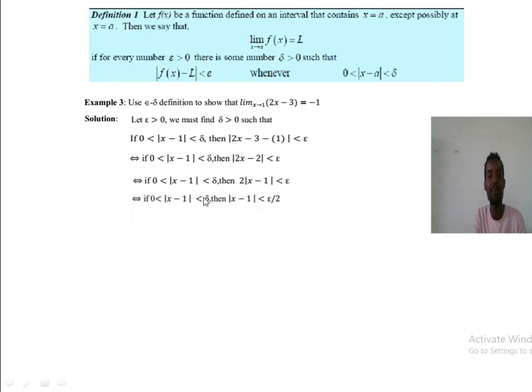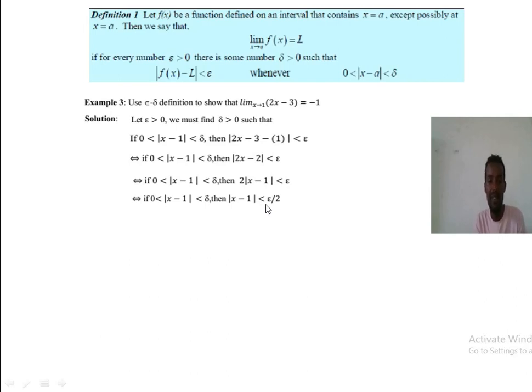Again, this becomes: if 0 is less than absolute value of x minus 1 less than delta, then absolute value of x minus 1 is less than epsilon over 2, by dividing both sides by 2.